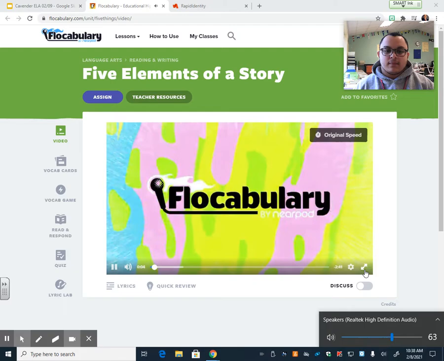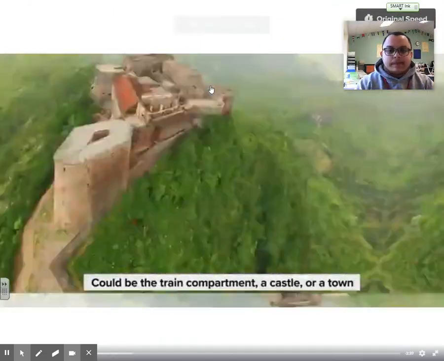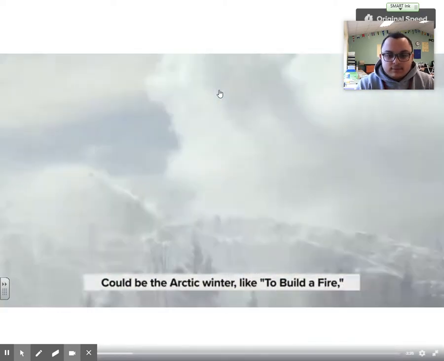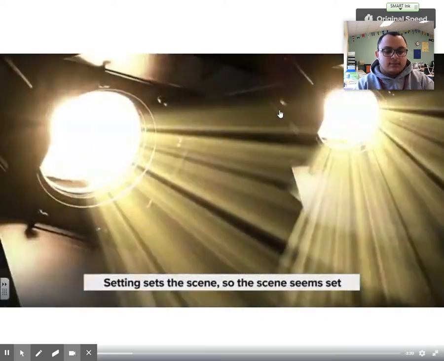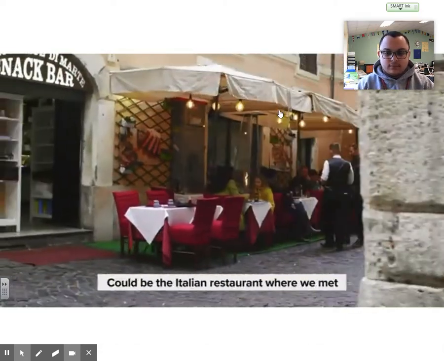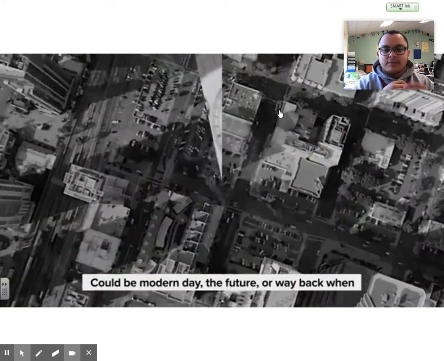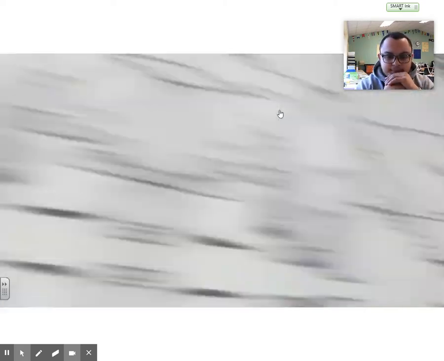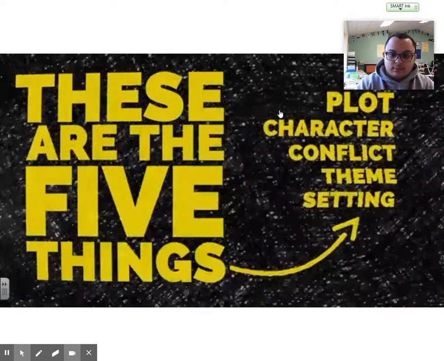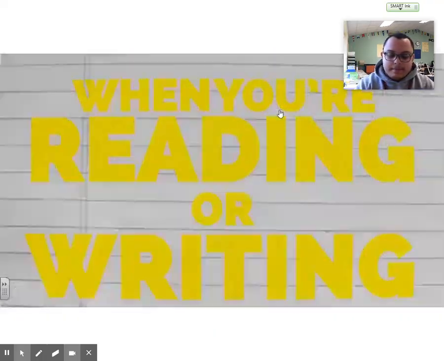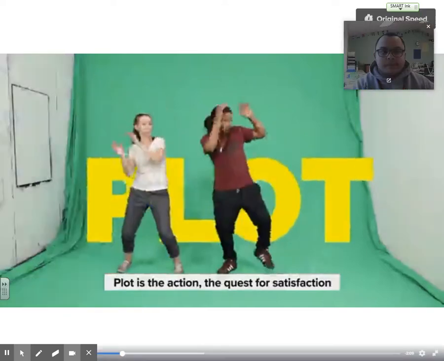Setting, that's like where it's going down. Could be the train compartment, a castle, or a town. Could be the Arctic winter, like to build a fire. Setting sets the scene so the scene seems set. Setting gives us the where and the when. Could be modern day, the future, or way back when. Character, conflict, setting. Yes, these are the 5 things that you're gonna be needing when you're reading or writing a short story that's mad exciting. Is the action, the question, satisfaction.